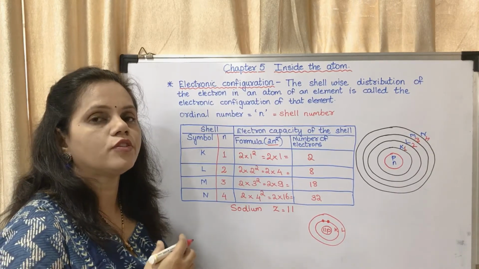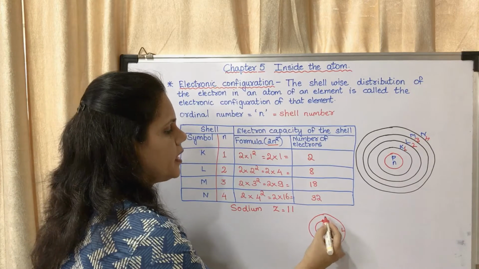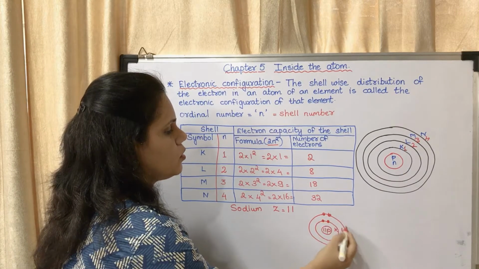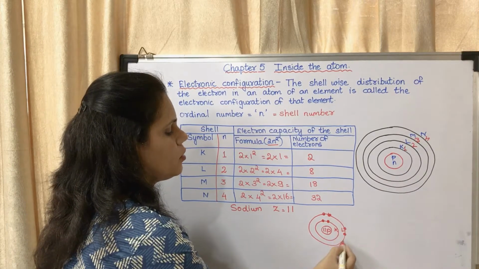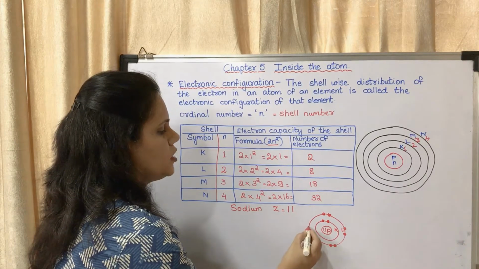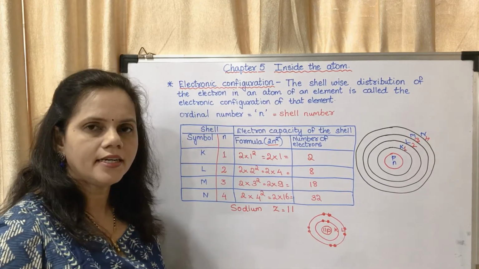Out of those 9, 8 can be accommodated in the L shell. So I have accommodated 8 in the L shell.